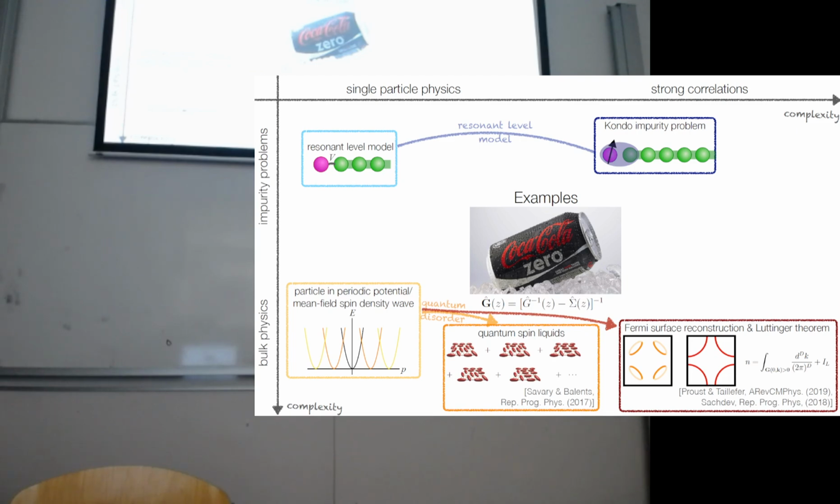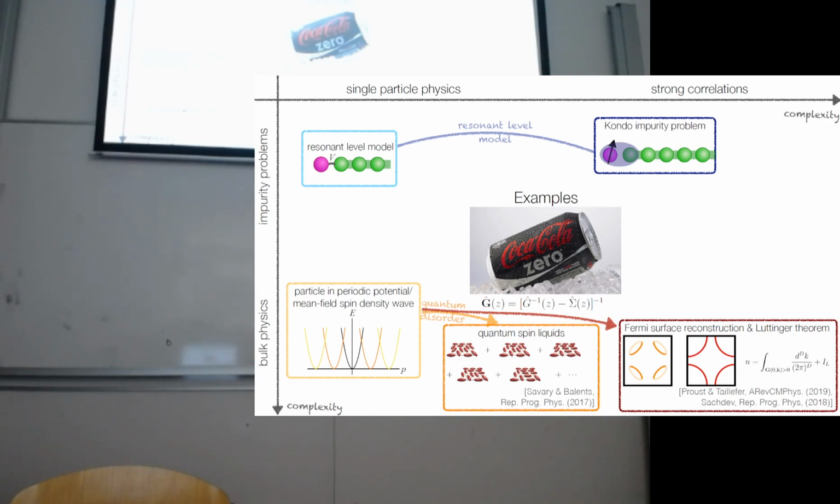Not a fermion, just a single spin. So here the Hilbert space contains two species of fermions, up and down, and you can have them empty or filled, so it's four possible states. Here, this is just a spin, so you have only two states. And then you take into account antiferromagnetic spin-spin interactions between this moment and the magnetization on this site.